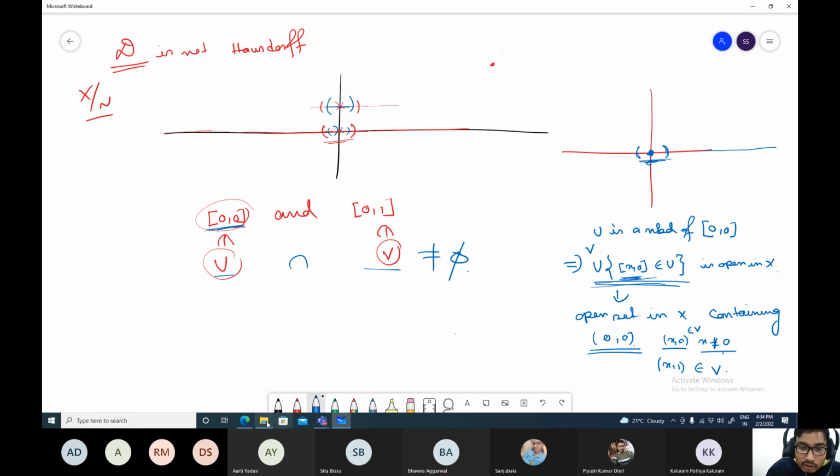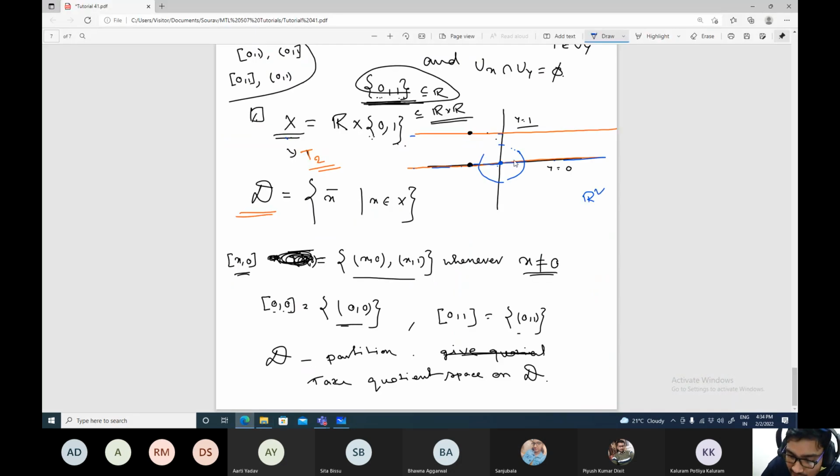Therefore, an open set containing this point does not only contain this kind of interval, it actually contains this kind of intervals.